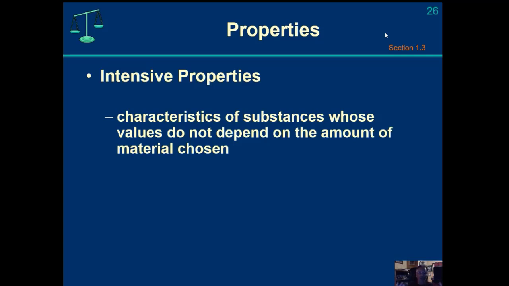Gold tends to have this yellow color. And so the color of gold is the same whether we're talking about a gram of the stuff or a pound of the stuff. Pound of gold sounds pretty nice. Intensive properties, characteristics of substances whose values do not depend on the amount of material chosen.